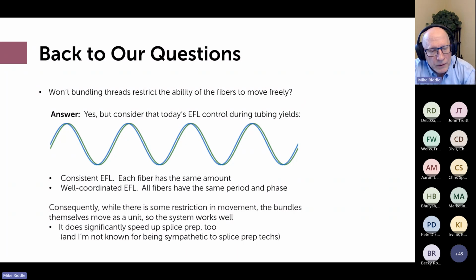And then I got to find the blue with the single ring mark and put it over there, and the orange with the single ring mark, put it over there. The bundling does substantially speed up splice prep. And I don't say that lightly, because if you've attended my webinars, you know I'm not generally very sympathetic to splice techs, but this is one case where I am.